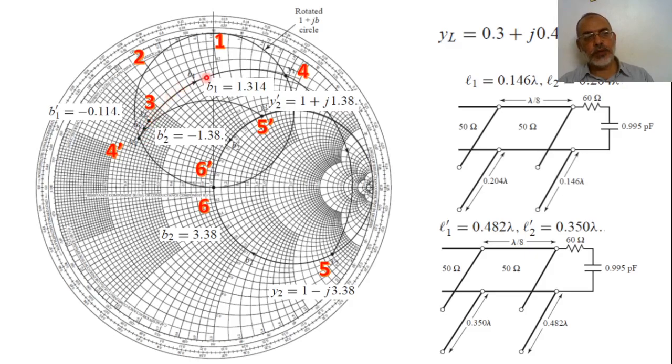If we are going to the first solution, the value of B1, as I mentioned, is 1.314, which is positive.